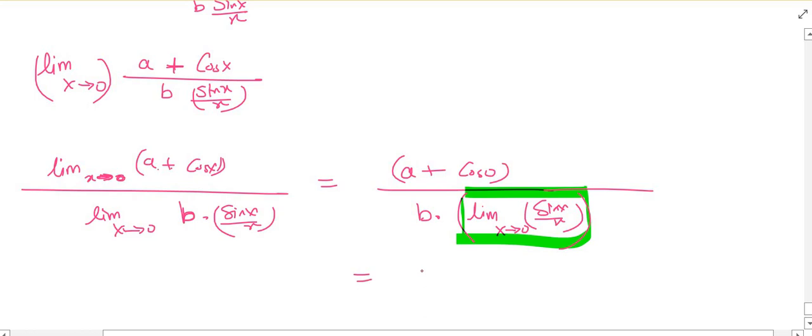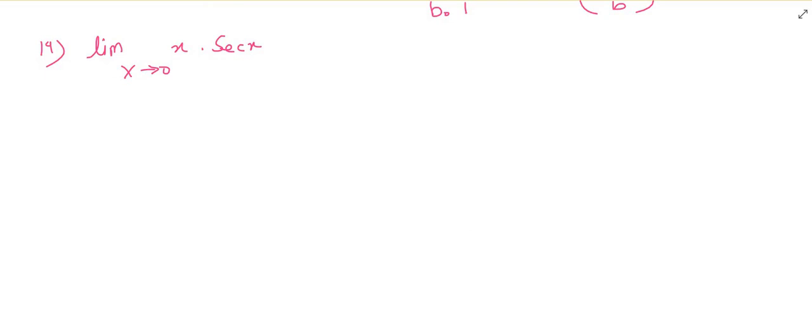Okay? So it will be a plus cos 0, what is cos 0? 1, by b, and what does this formula say? It is 1. So your answer is a plus 1 by b. Try to solve it.